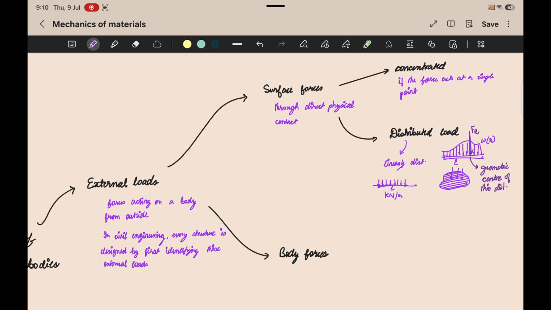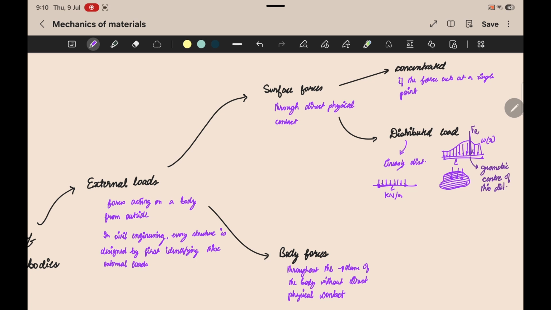And coming back to body forces, these are forces that act throughout the volume of the body without direct physical contact.